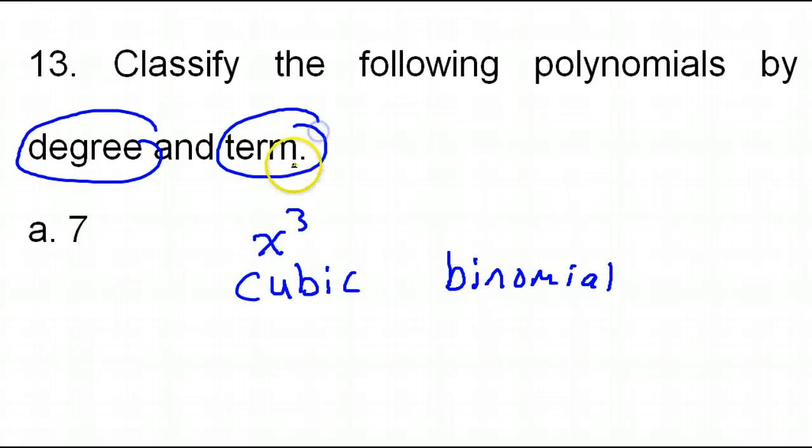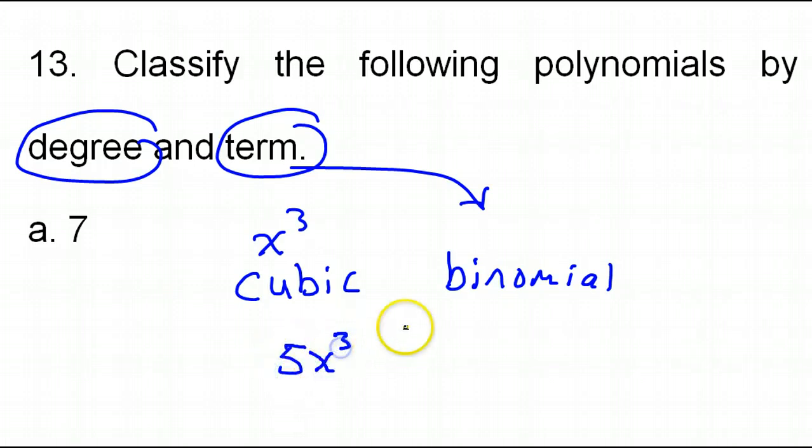And binomial has to do with the number of terms, alright? That would be 2 terms. So a cubic binomial, for example, might be if I had 5x to the third power minus 7x. Alright, it would be cubic because the degree is 3, and binomial because it has 2 terms. So that's what we're doing.